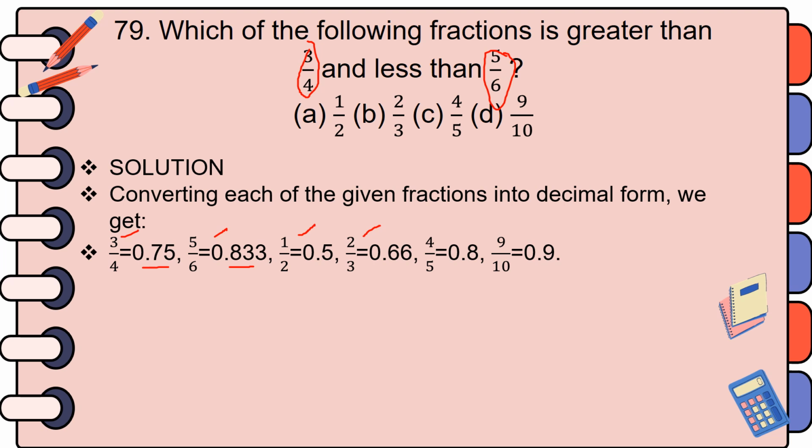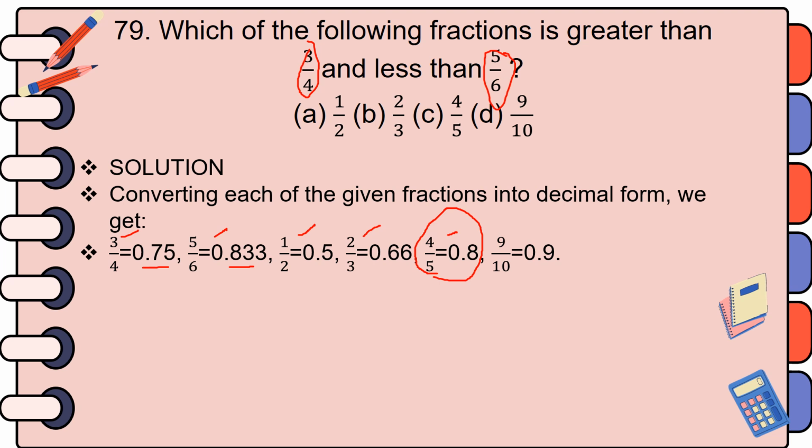Again, 4 over 5 means it is 0.8. Of course, it is in between 0.75 and 0.833. And the last one, 9 over 10 means 0.9. It is not in between the two fractions.